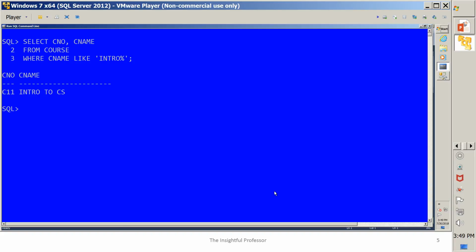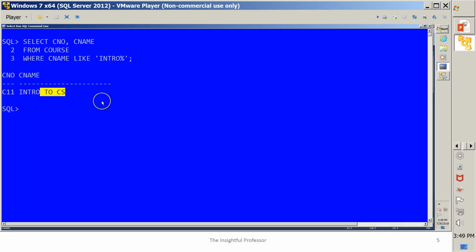We fire it up, and we only have one such course, but I think it's sufficient to get the point across. We start precisely with these 5 letters, and that's what you see here. The percent sign says anything that follows that is acceptable, and we have several characters that follow that, so these remaining characters that I've highlighted would be considered a match to the percent sign.